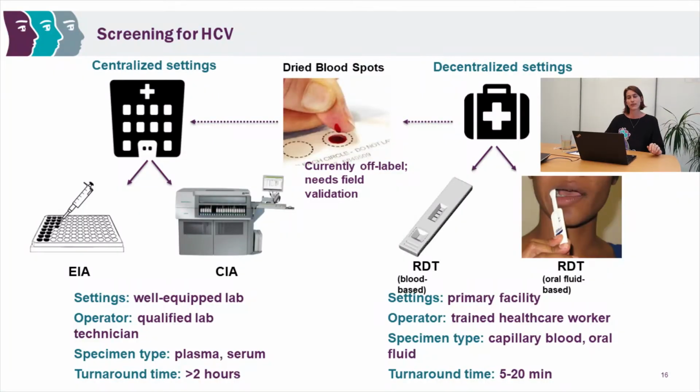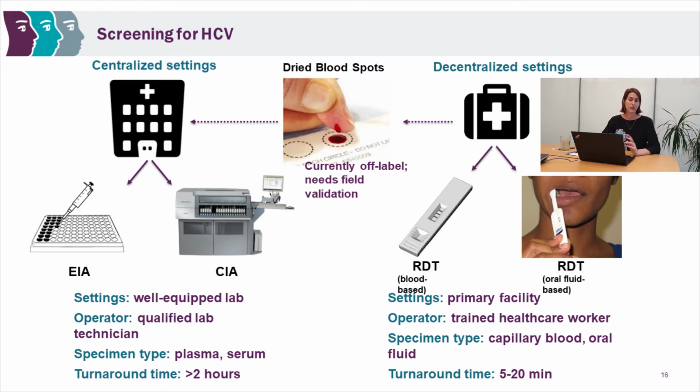So you can think about hepatitis testing in 2 contexts. You have centralized settings and decentralized settings. So when we say centralized settings, we're usually meaning larger health facilities, hospitals, tertiary facilities, places where you have a lot of infrastructure and space, as well as a lot of manpower.